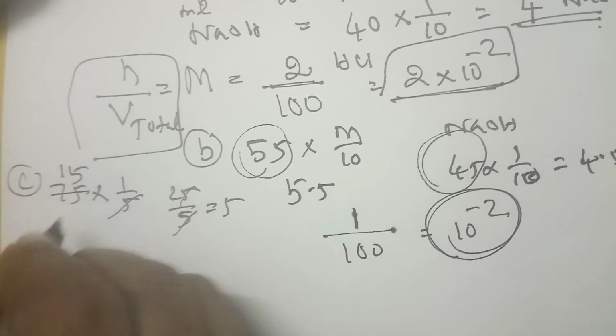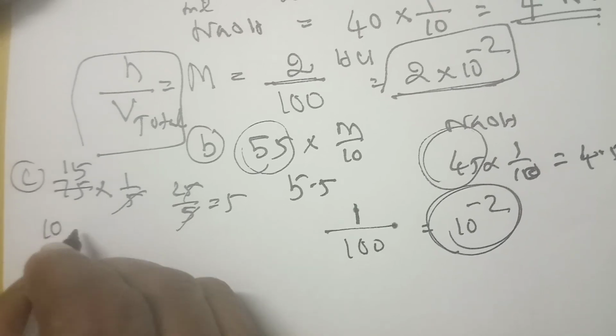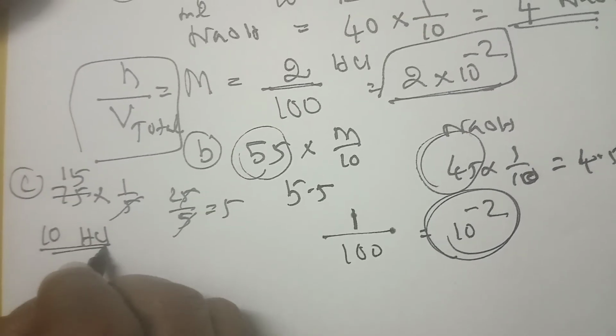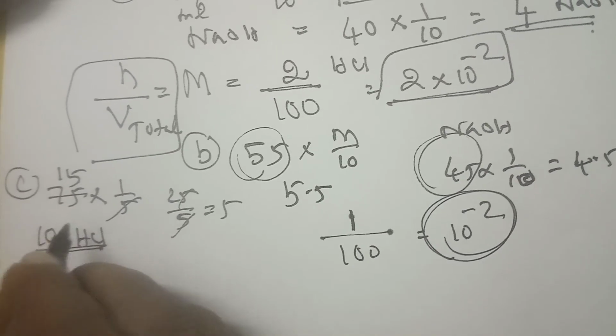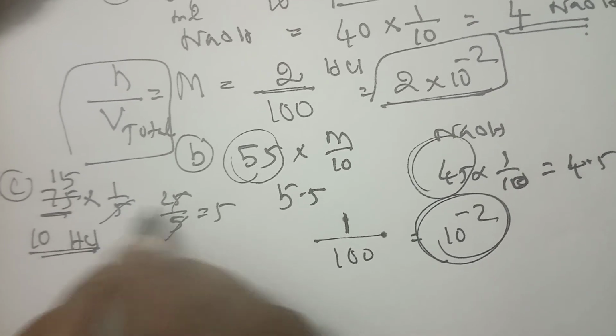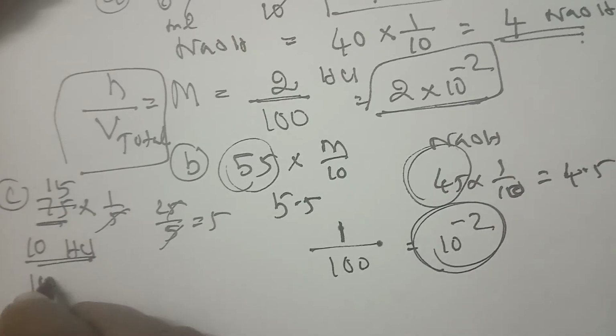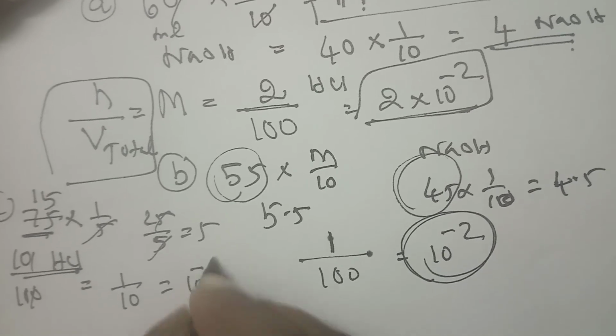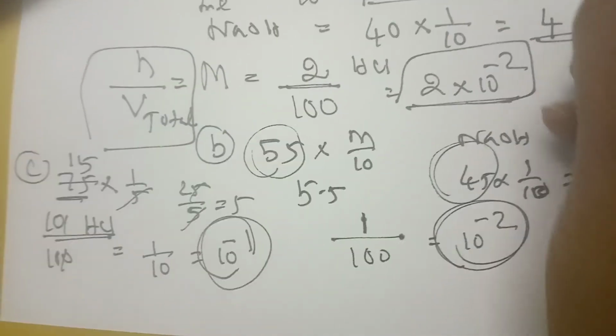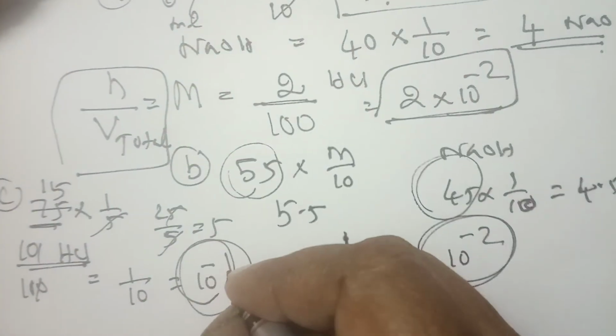You are having 10 moles of hydrochloric acid ready, which should be converted to concentration by dividing by total volume. The total volume is 75 plus 25, that is 100. So 10 by 100 is 1 by 10, which is 10 power minus 1. What I want is only 10 power minus 1. Since the hydrogen ion concentration matches, the answer is C.